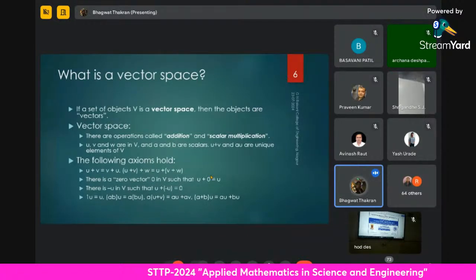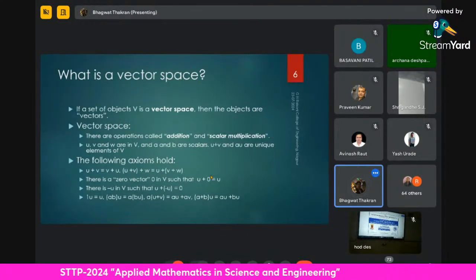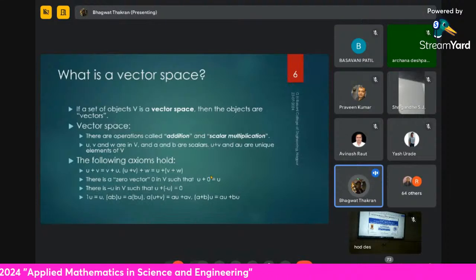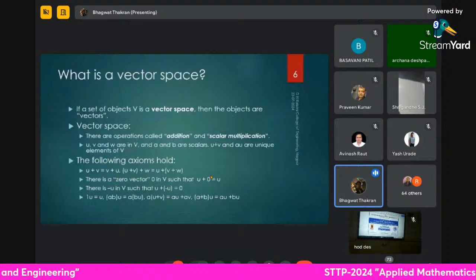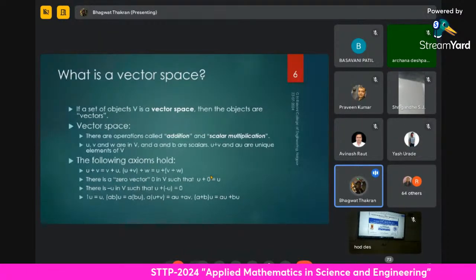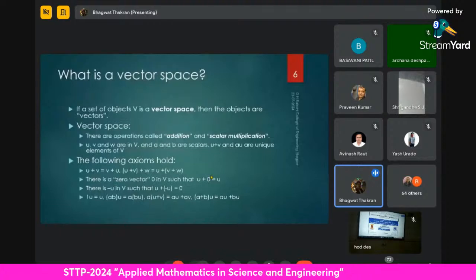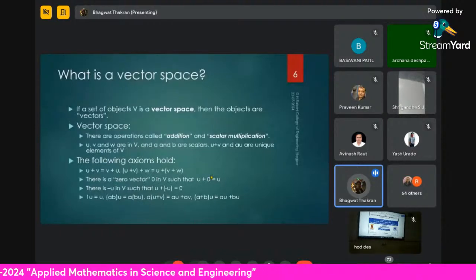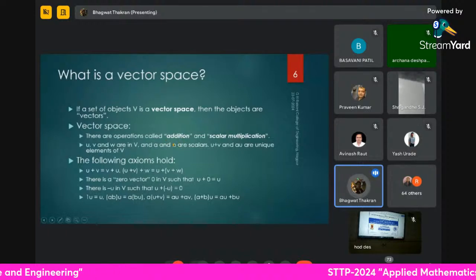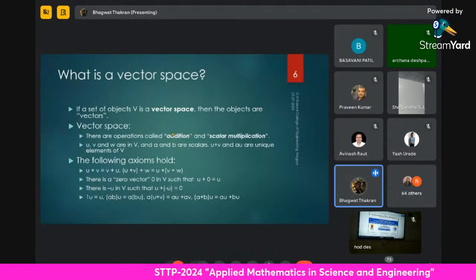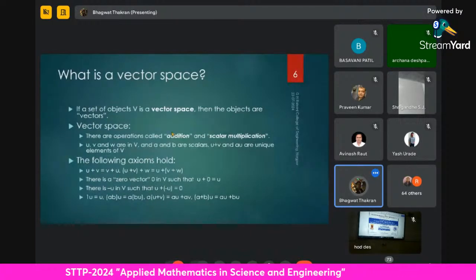Now, once we have understood how we can represent a vector in mathematics, then what do we mean by a vector space? If we collect all these vectors and we define that whenever we add two of the vectors, the result will again be in the same set.